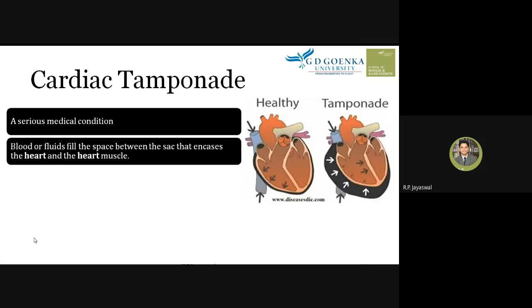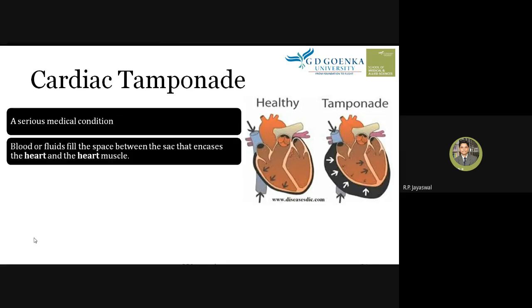If that fluid is replaced with blood or abnormal fluids, filling the space in the sac, cardiac tamponade may occur.